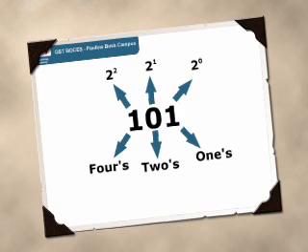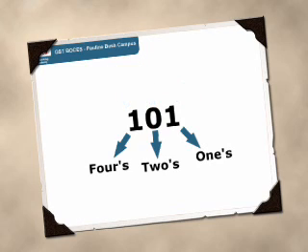Another way to determine position value is that you can figure out a position's value by multiplying the position to the right by the base. Let's look at an example. In this case, we are still dealing with the number 101. The trick in this method is to remember that all numbering systems that we deal with in this class start with 1 as the least significant digit.